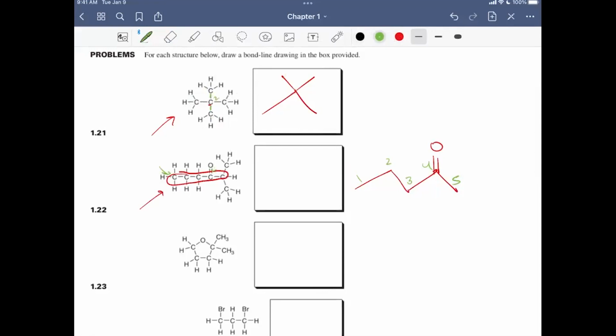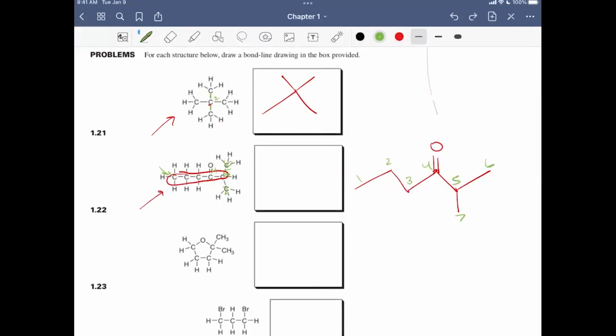Then on carbon, let's say 5, we have 2 branching out structures. Let's call those 6 and 7. You can draw those as just another part of the zigzag, so we can say that's 6. And on carbon 5, we need 7. That's attached to carbon 5 still. So these are pretty far apart that you can draw, and they account for all the carbons we have here.